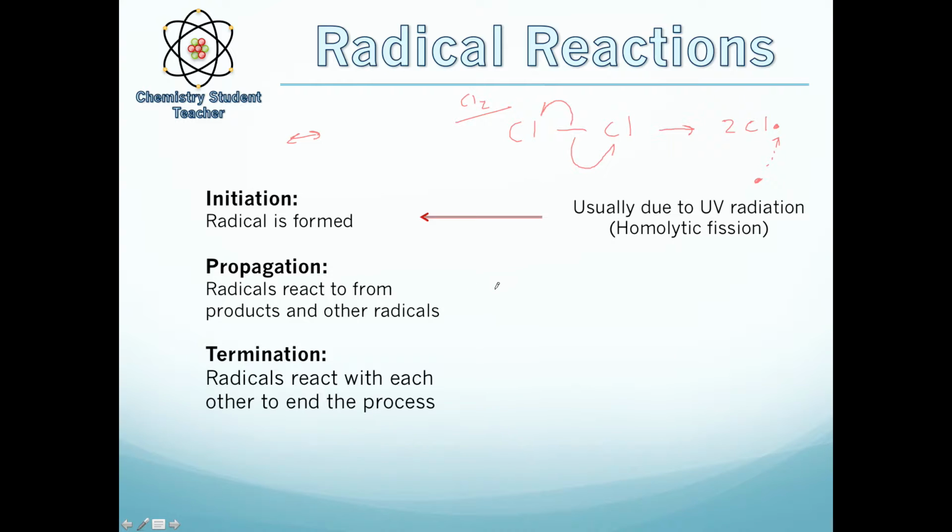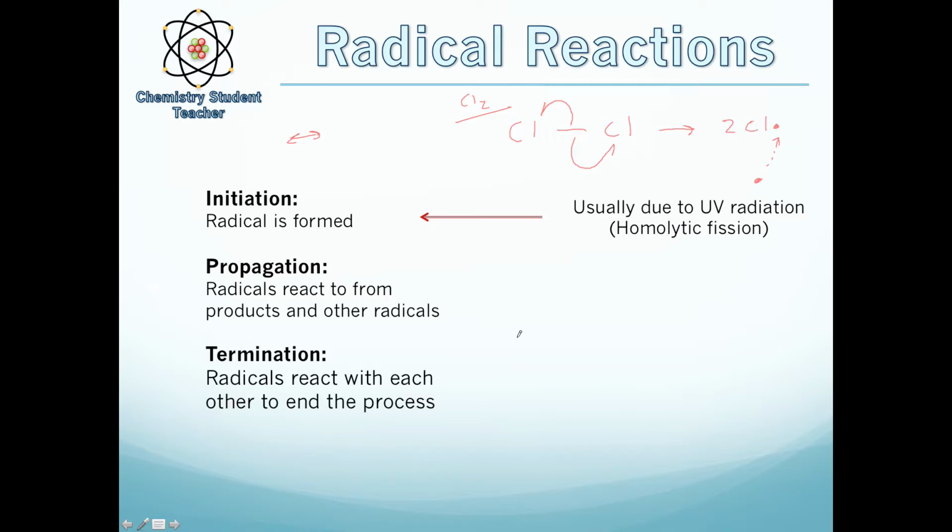What happens then after the radicals are formed is a process called propagation. Now this is where the radicals go on to react with other molecules or atoms in the air, forming a product and another radical. And you'll see an example of this in the next slide where I'm talking about CFCs and ozone. After that, after the propagation step has occurred, at some point there will be a termination step.